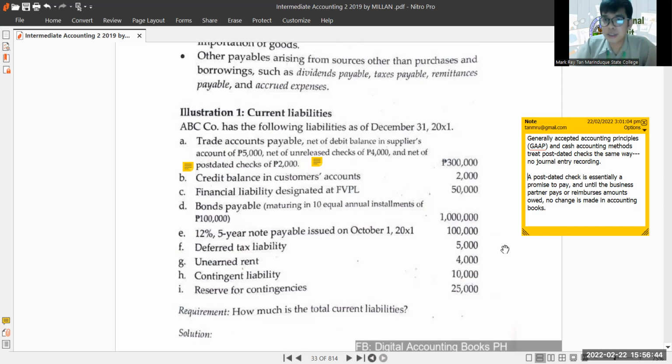Bumili ako, kaya lang wala pa akong pera. Or sabihin natin, malaki, nag-transact ako worth 1 million, kaya lang yung laman ng bank account ko, 500,000 lang. So ang gagawin ko, mag-i-issue ako ng cheque na 1 million, even though 500,000 lang ang laman ng aking bank account.